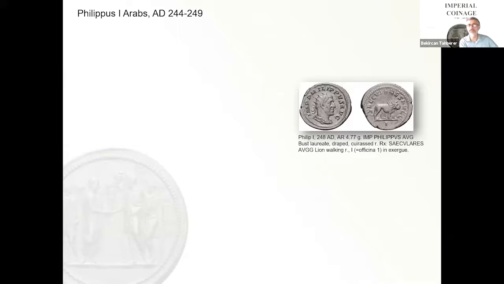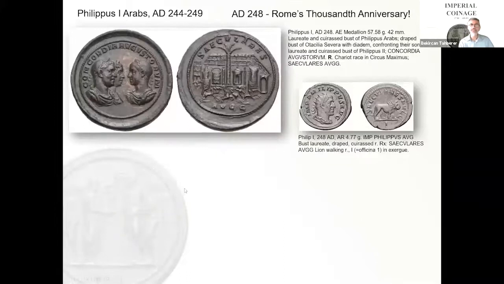Not so bad, but not so great. But in the year 248, it was the 1000th anniversary of Rome, and some incredibly beautiful medallions were minted in his name.